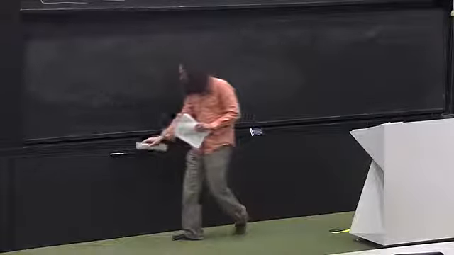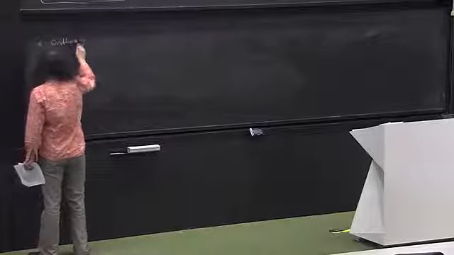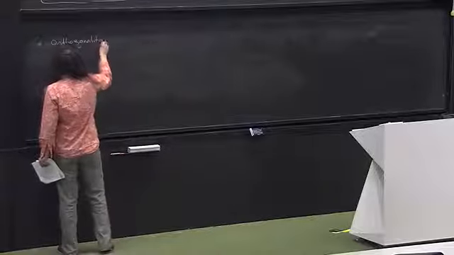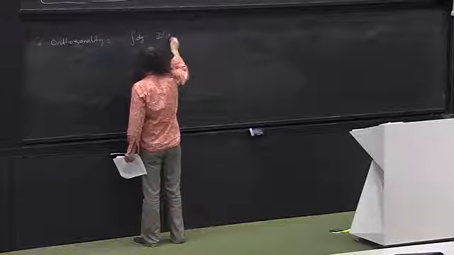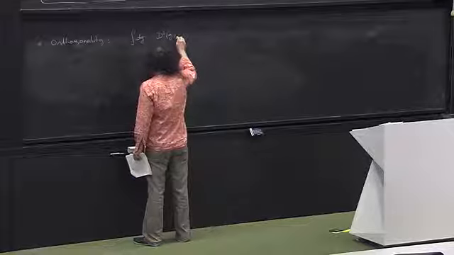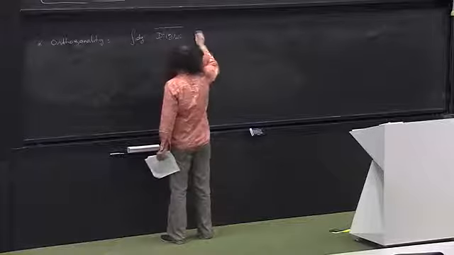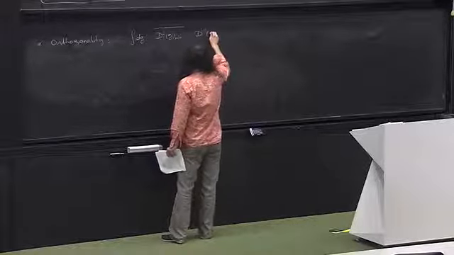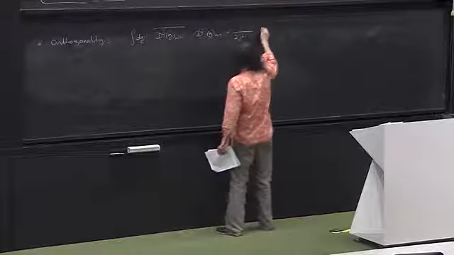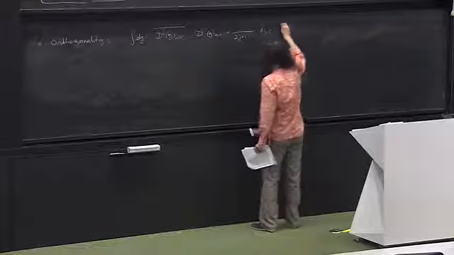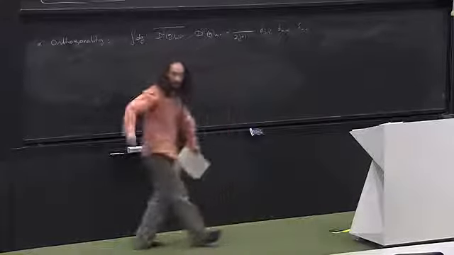So the orthogonality reads: integral dg of D^{j'}(g)_{m'n'} complex conjugated times D^j(g)_{mn} equals 1 over 2j plus 1 delta_{jj'} delta_{mm'} delta_{nn'}. So everything's orthogonal here.